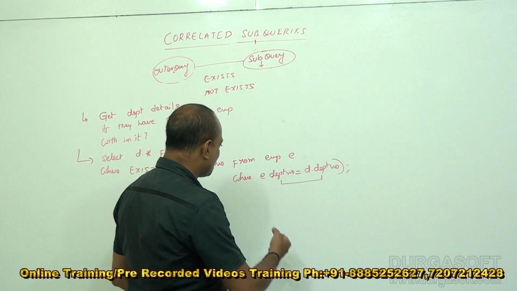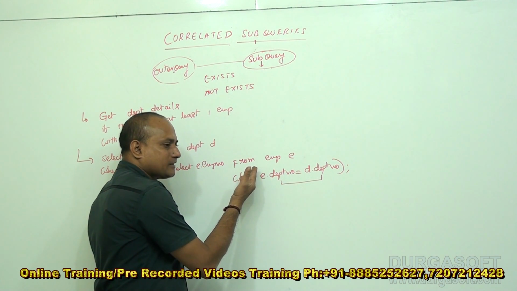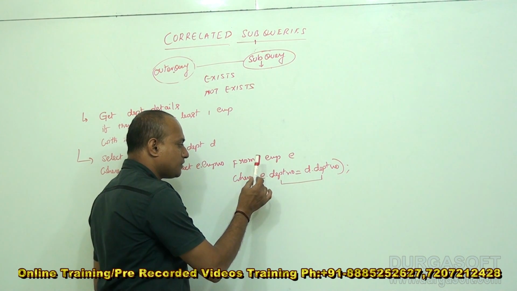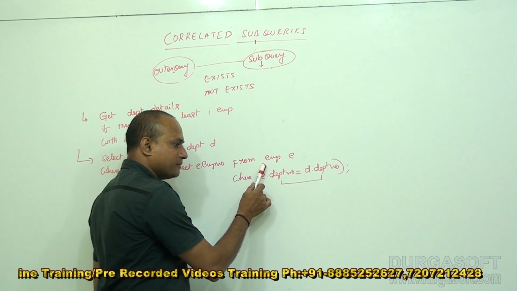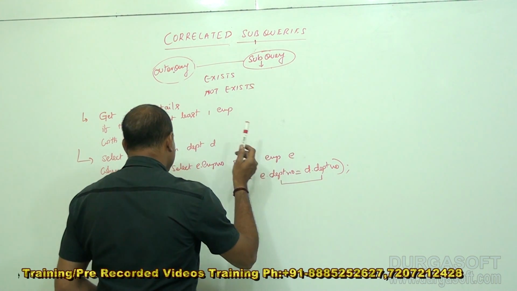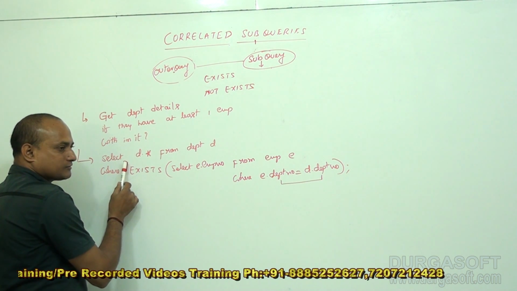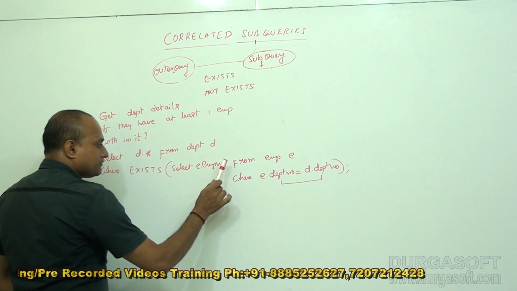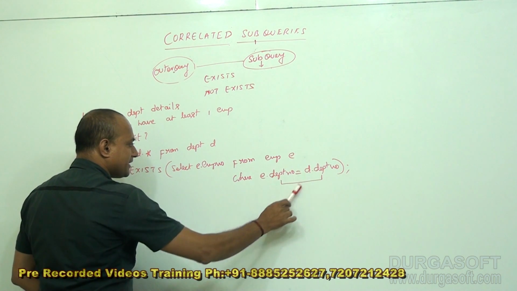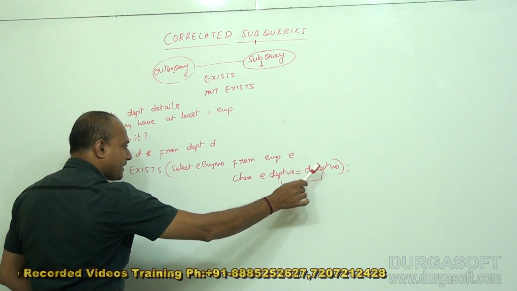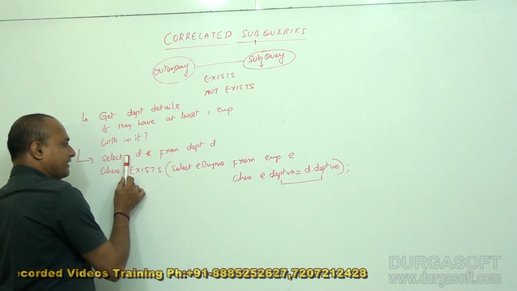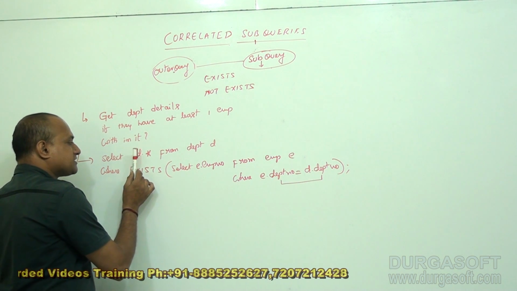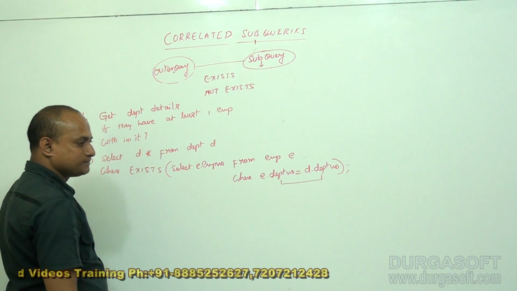But in this query you are not writing any department table. So the department values you have to get from the outer query. For the execution of the subquery, it needs department number values from the outer query. So first the outer query will be executed.